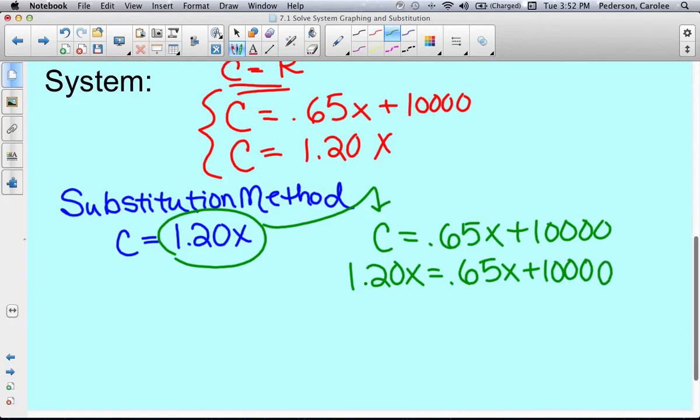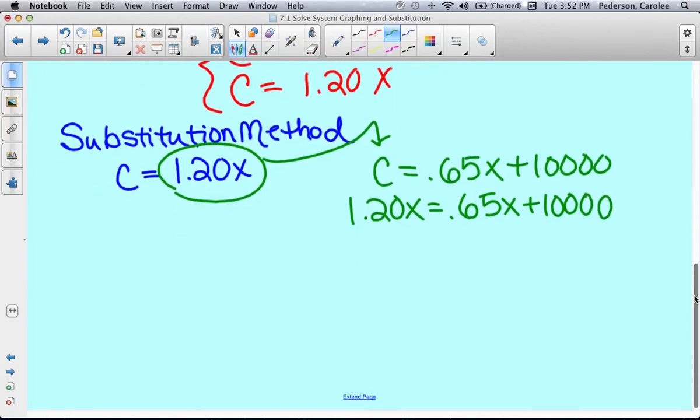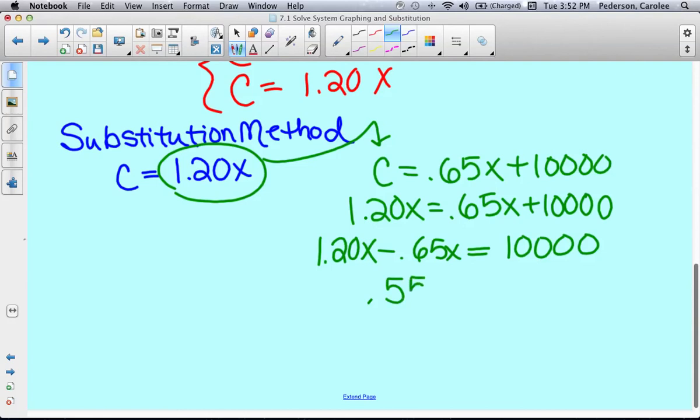All right, so now let's solve for x. So we're going to subtract 0.65x from both sides. So 1.20x minus 0.65x equals 10,000. And you get 0.55x equals 10,000.